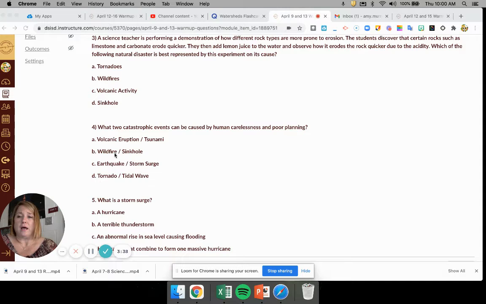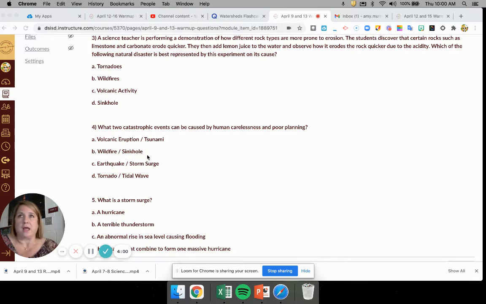When we don't control burn and don't manage the land, when we use campfires in a way that is dangerous to the environment. There are all kinds of ways. Arson. There are all kinds of ways that wildfires can start because of human carelessness and poor planning.